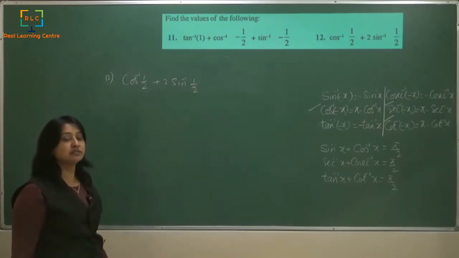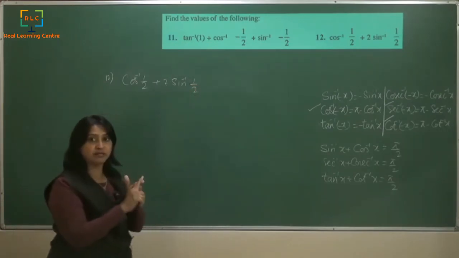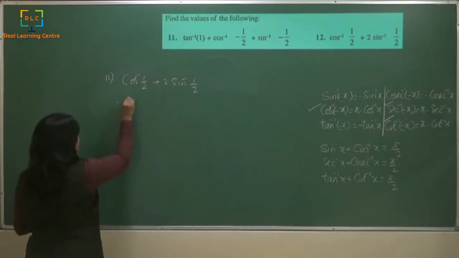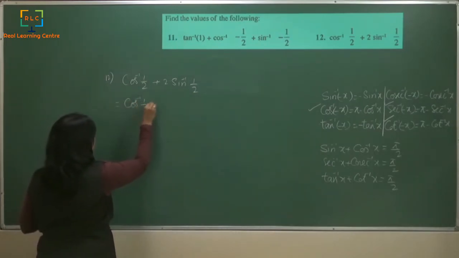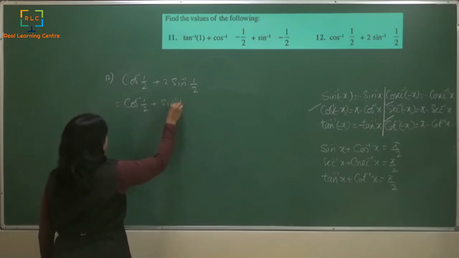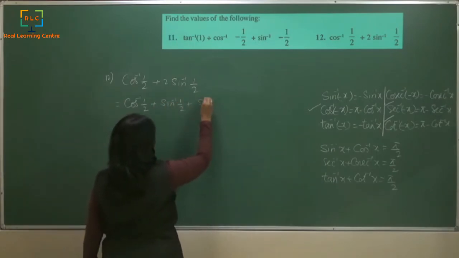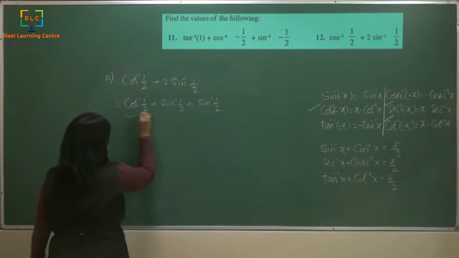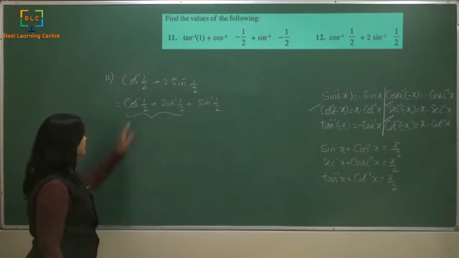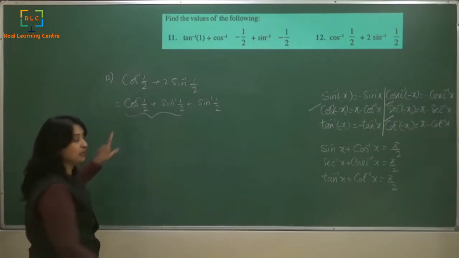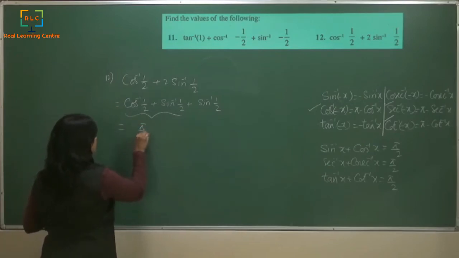The idea is to write this 2 as 1 plus 1. So I can write this as cos inverse 1 by 2 plus sine inverse 1 by 2 plus sine inverse 1 by 2. So again, using the theorem, sine inverse x plus cos inverse x is equal to pi by 2. This much is pi by 2.